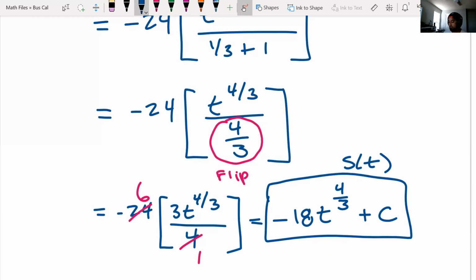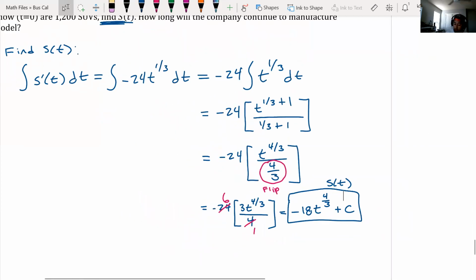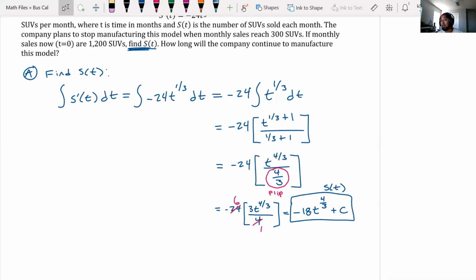Here's S of t. Well, there's almost S of t.